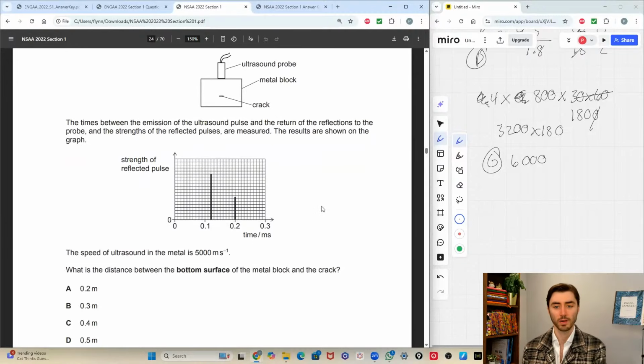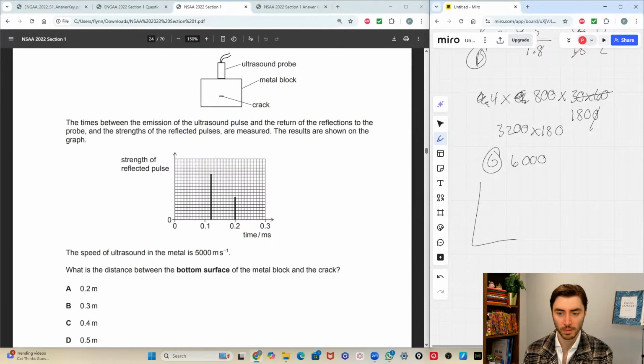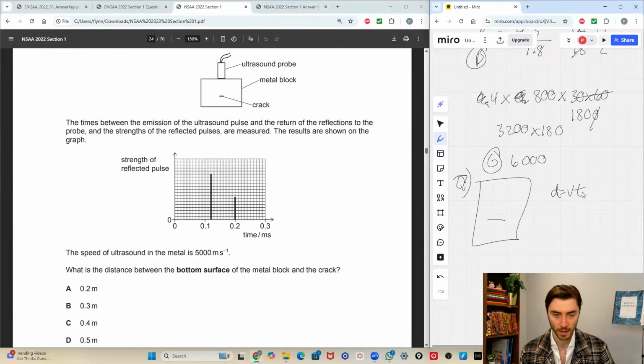So what we know is that it takes 2 milliseconds to go there and back, and the speed of ultrasound is 5,000. So distance equals speed times time. Well, first of all, let me mark the question. This is 27. So distance is speed times time, which is 5,000 times 0.2 milliseconds.